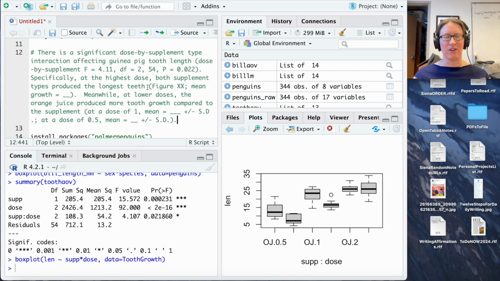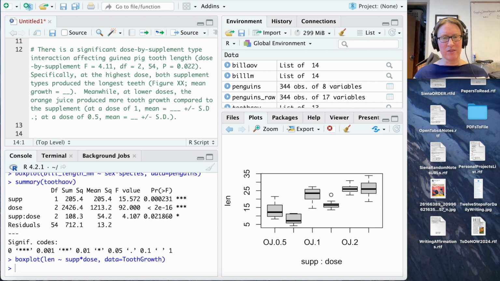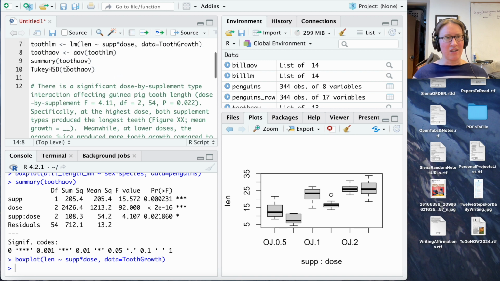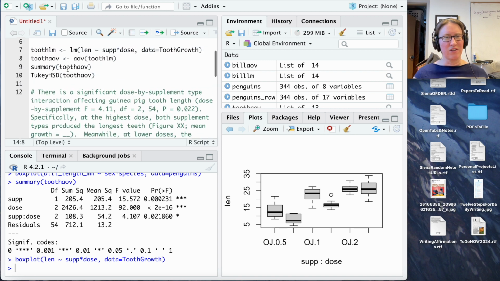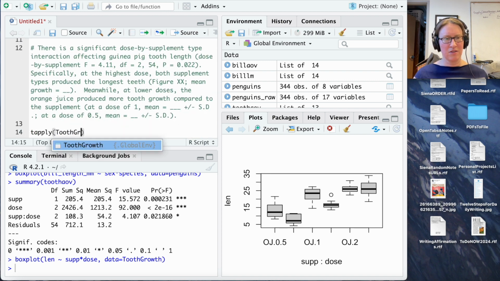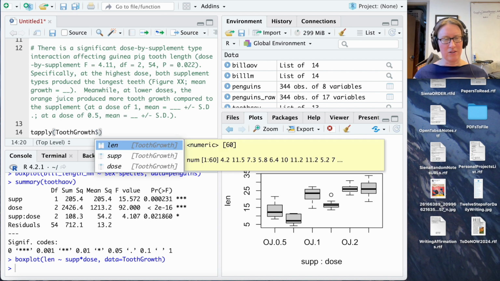It's the tapply function. So the way this works is to apply, so let's say, for example, I want to look at average tooth length based on the dosage. What I could do is say tapply of tooth growth, $, and for the first argument here, I'm just going to say dose, right?